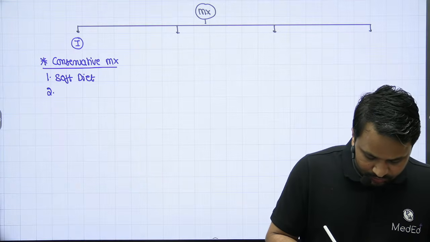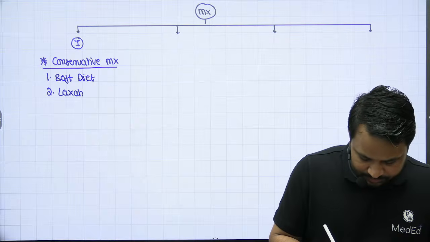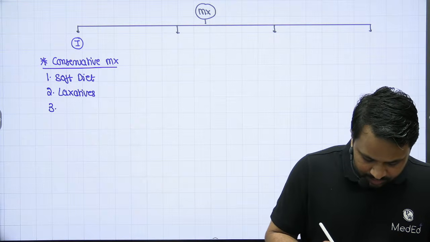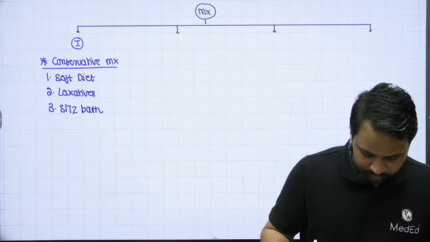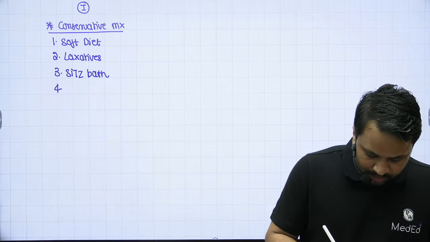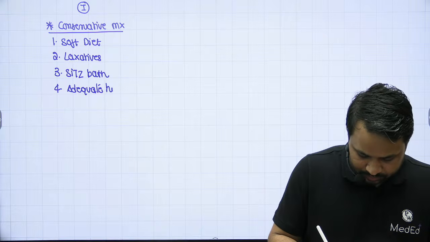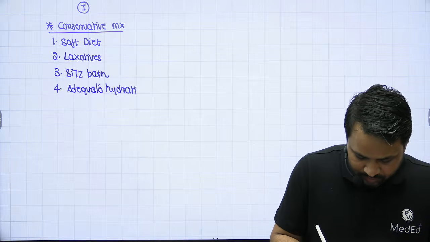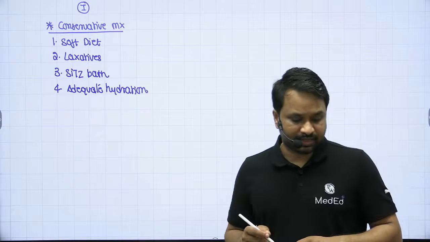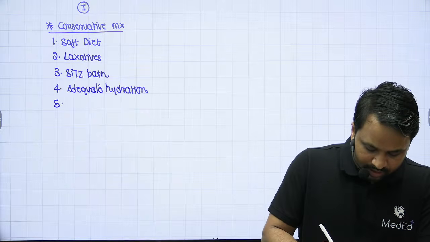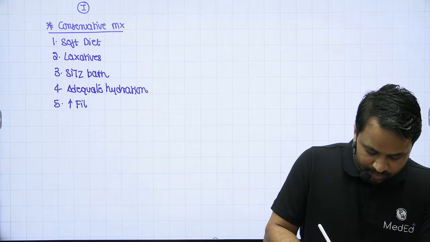To make the stools softer, I'll give laxatives. I'll ask the patient to take sitz bath and adequate hydration. So we'll give soft diet, laxatives, sitz bath, adequate hydration and increased fiber diet.